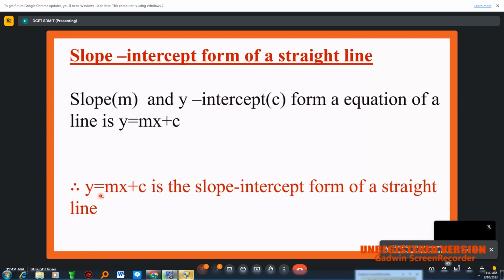This is called the slope-intercept form. So it is fine. y is equal to mx plus c.